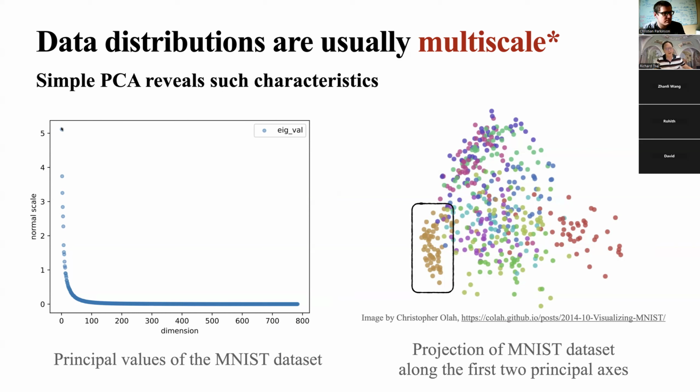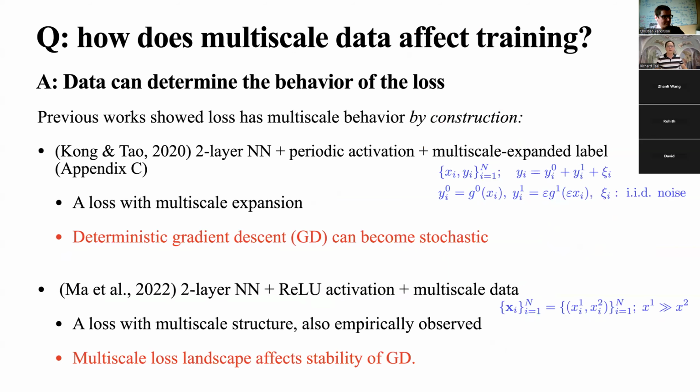And you see how fast it decays. These are the dimensions, so we are up to 784 dimensions. The singular values, or the variances, just decay quickly, so the data is somehow very concentrated. And when you project it down to the first principal axis, you also see some kind of structures, for example, over here.